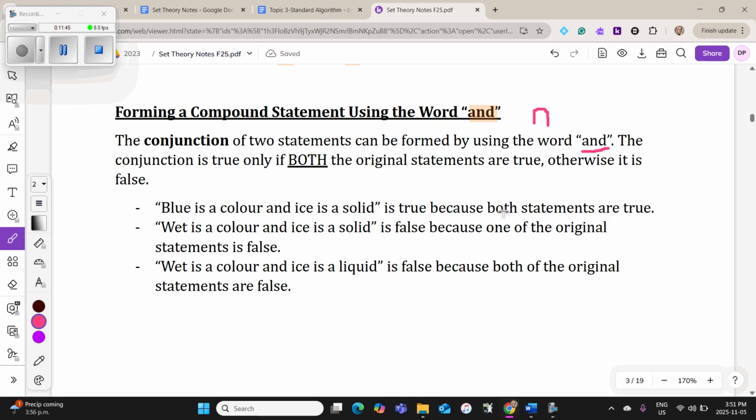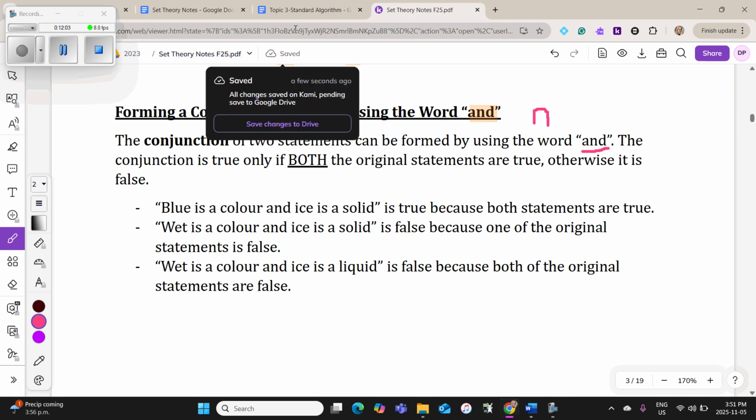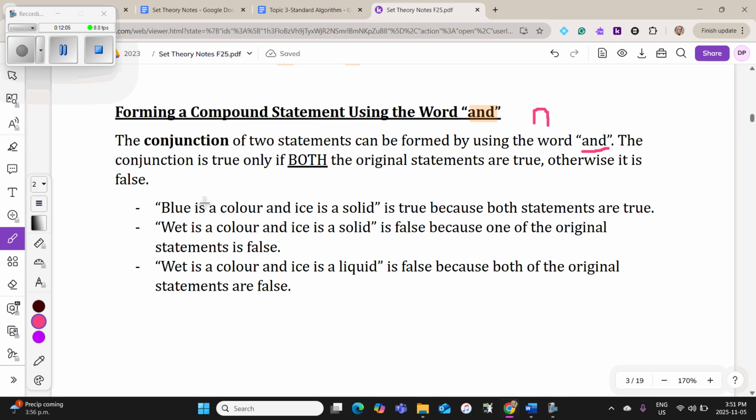So basically we're taking two statements and using the word and in between them. So the conjunction is true only if both the original statements are true, otherwise it is false. So let's go through what this actually means, and we're going to use two statements. Our statements are blue is a color and ice is a solid.